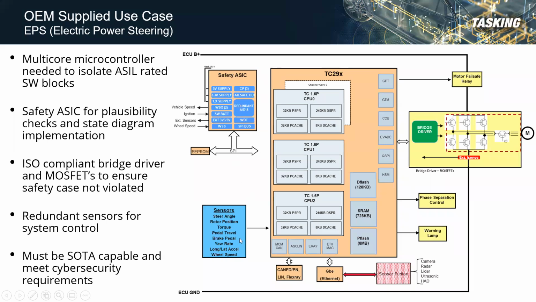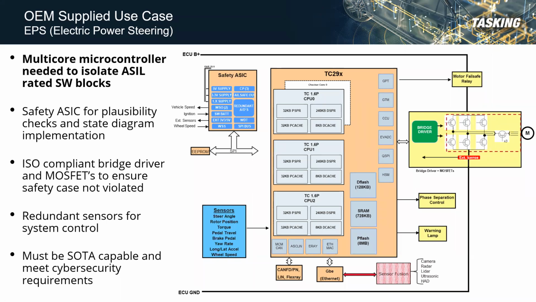You'll see there's a plethora of sensors that are used here, either for doing motor position, motor commutation, picking up driver intent, vehicle dynamics, etc. You can see we have a bridge driver over here with the MOSFETs, which are used for controlling the actual motor. And then you can see here with an autonomous type or AD type vehicle, we're using gigabit Ethernet here to communicate with the sensor fusion module and the basic camera, radar, LiDAR, or other ADAS sensors like ultrasonics and HAD mapping.